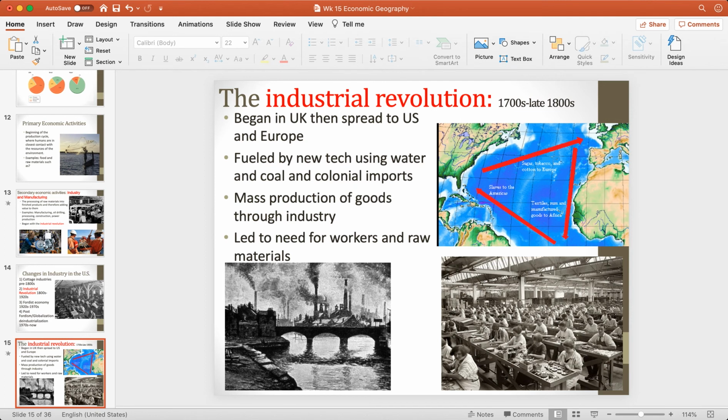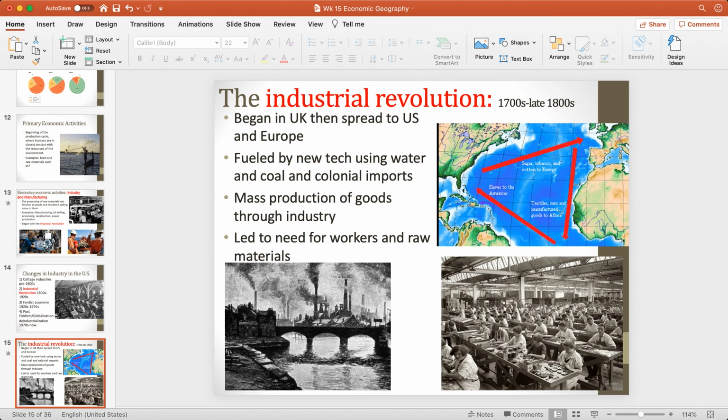So just a reminder about the Industrial Revolution. It began in the 1700s in Western Europe, in particular the United Kingdom. Then it spread to the rest of Europe and the United States and Canada. It was a revolution because lots of new inventions were made that made it easier to produce things. There were also a lot of inventions in farming, so you didn't need as many people working the fields.